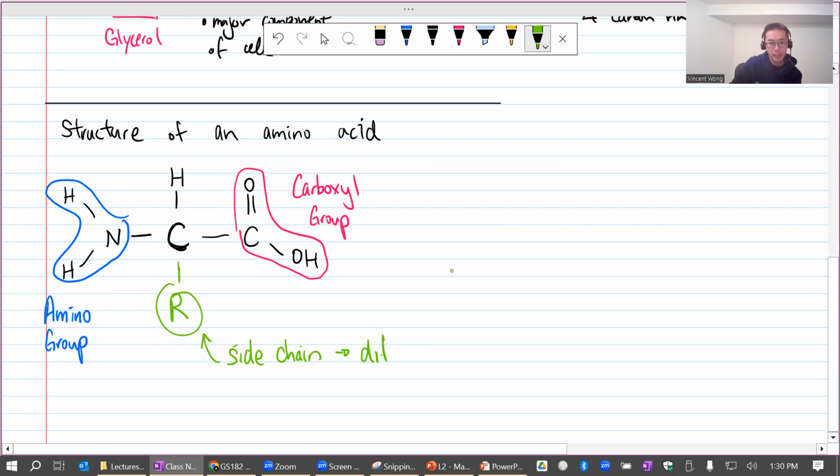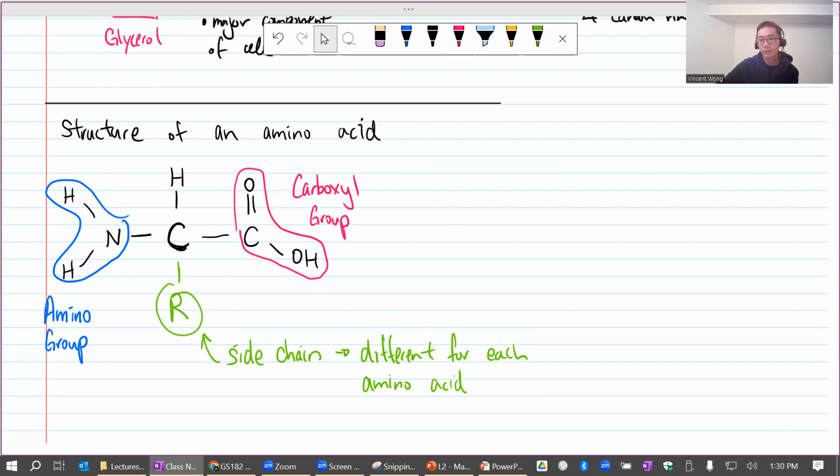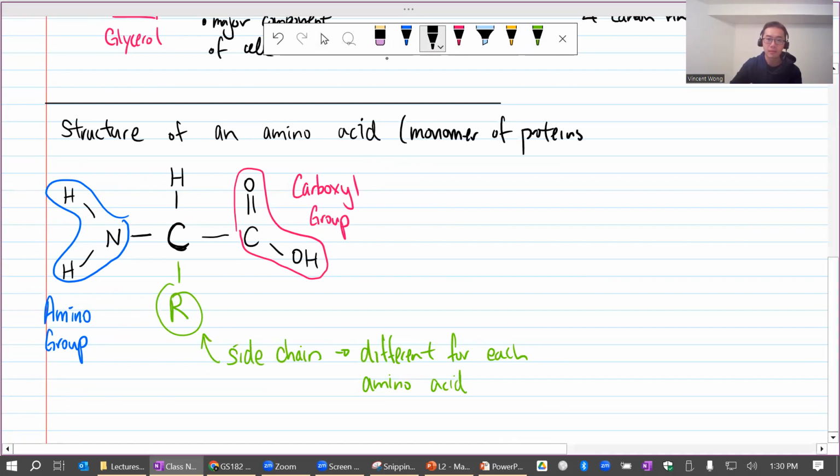It is different for each amino acid. Here, we're just going to put in brackets in case you forgot: these are the monomers of proteins, the building blocks of proteins.